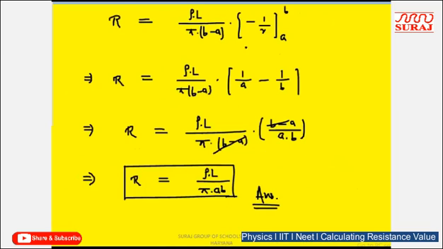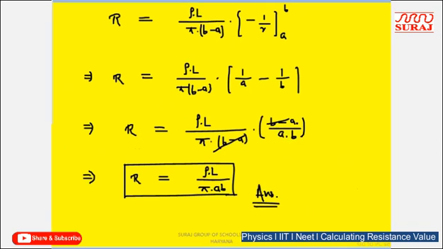The integration of 1 by r square, as we have seen in the previous case also, is minus 1 by r. Putting the lower limit and upper limit, it will be 1 by a minus 1 by b. Taking the LCM, it is ab in the denominator, and in the numerator it is b minus a. You can cancel this b minus a, and the answer will be rho L upon pi ab.